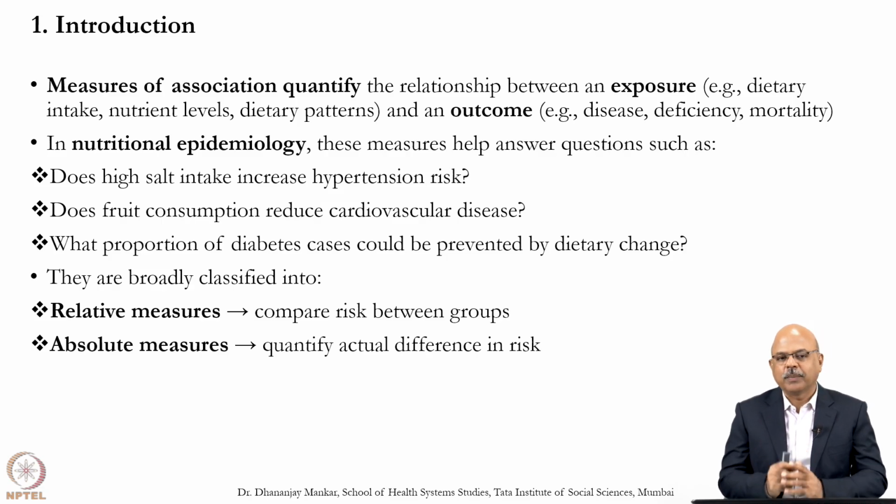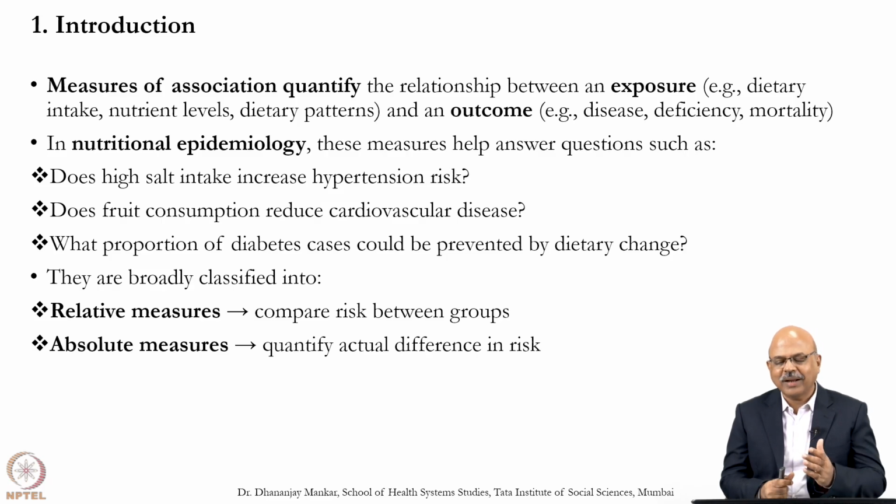So in nutritional epidemiology, these measures help answer questions such as, does high salt intake increase hypertension risk? Does fruit consumption reduce cardiovascular disease? Or what proportion of diabetes cases could be prevented by dietary change? These are very important questions to measure.